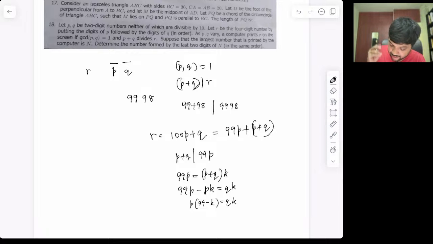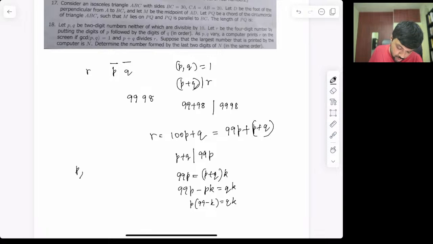If you had to do a trial and error strategy, can we just make p plus q divide 99 into p? This p plus q, actually p plus q should divide 99, no?